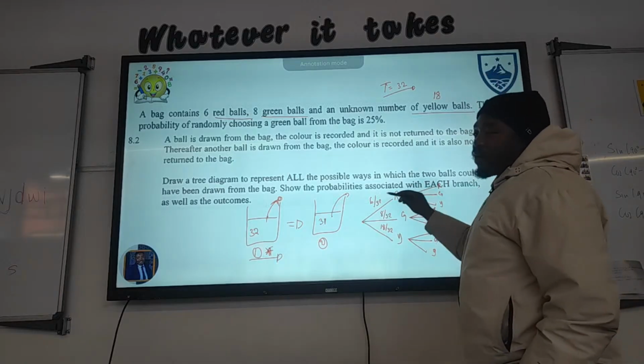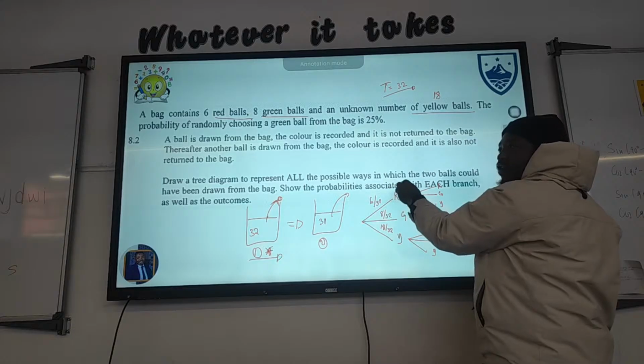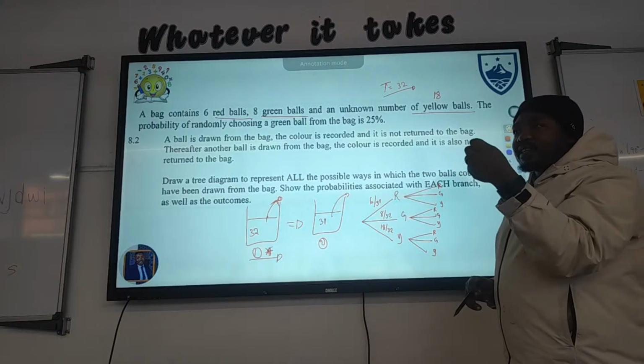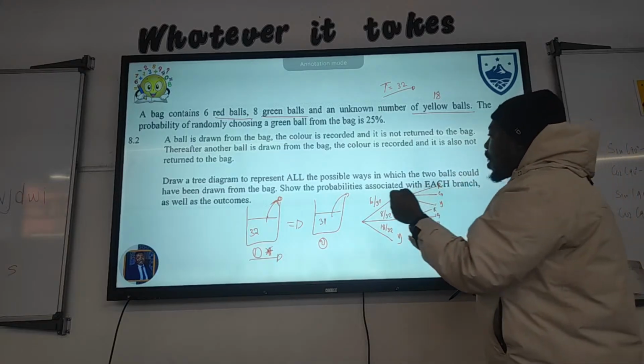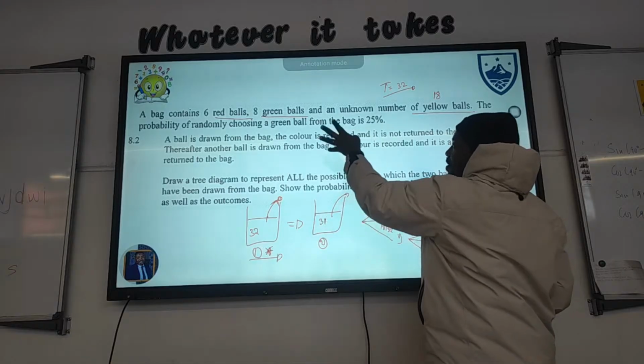Now, when you look at the probability, because it's coming from the red branch, you interpret it this way: if a red ball was taken out, how many red balls will I have in this bucket? There were 6.